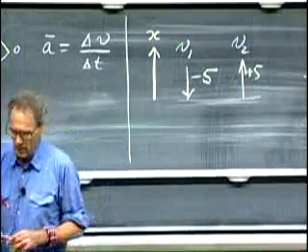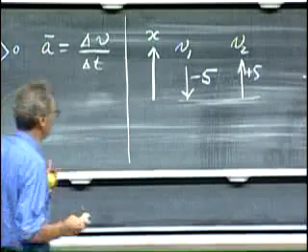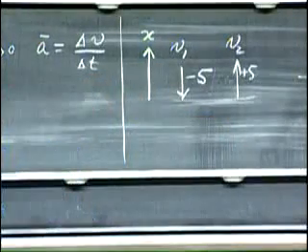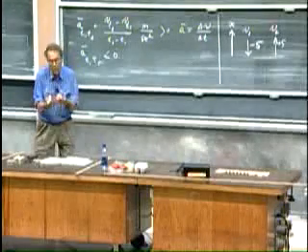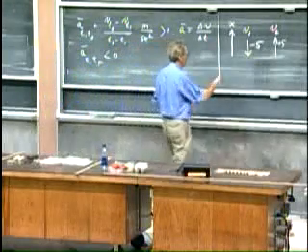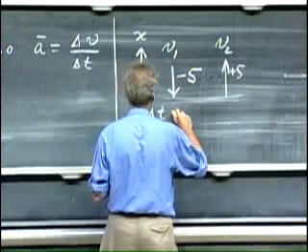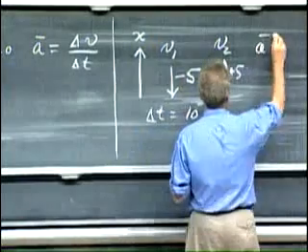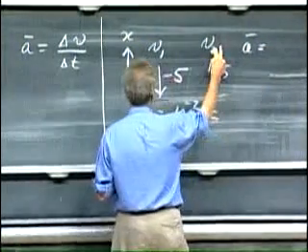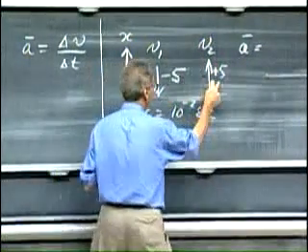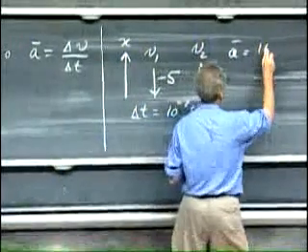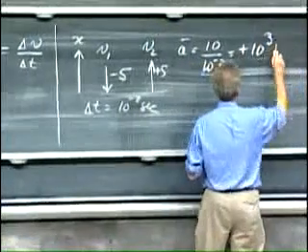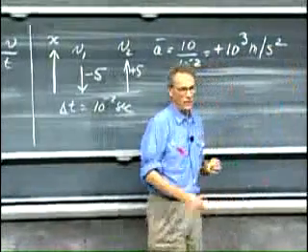So what now is the average acceleration? Well, I would have to know the time that it takes for this change in direction. We call that the impact time. I would say in this case, the impact time delta t is probably about 100th of a second. And so my average acceleration would be v2 minus v1, that is plus 5 minus minus 5, that is 10, divided by 10 to the minus 2, and that is plus 1,000 meters per second squared.